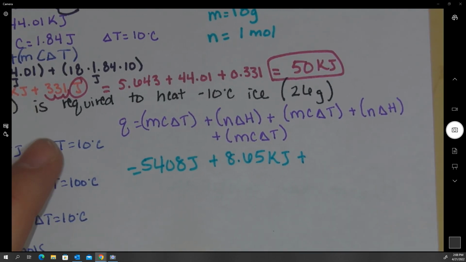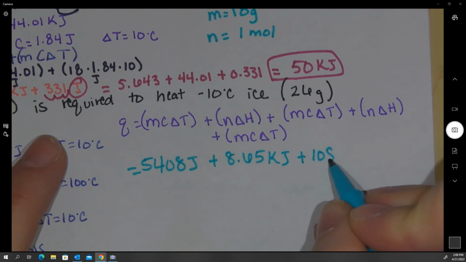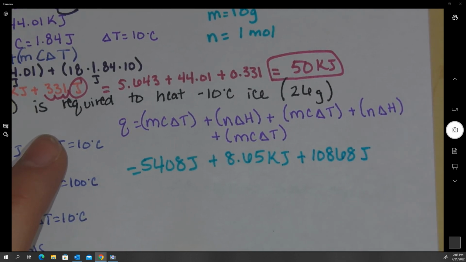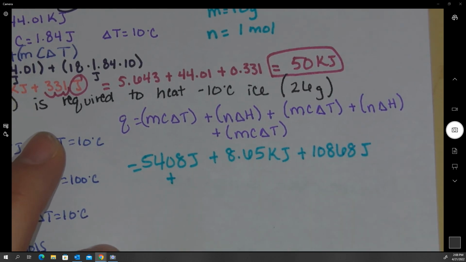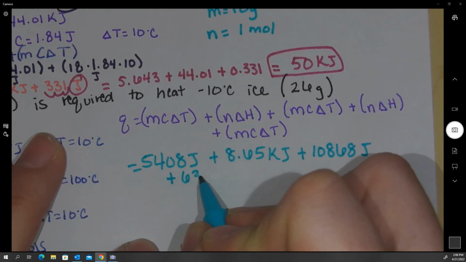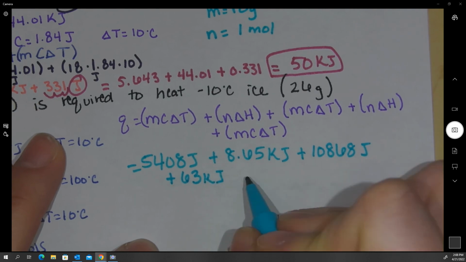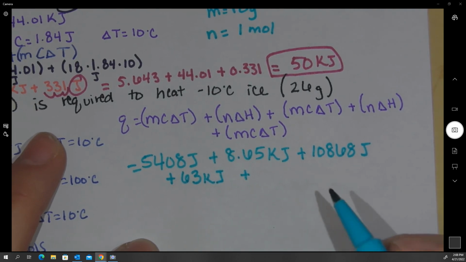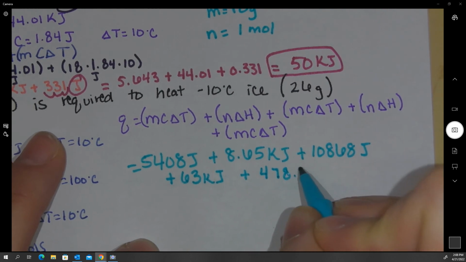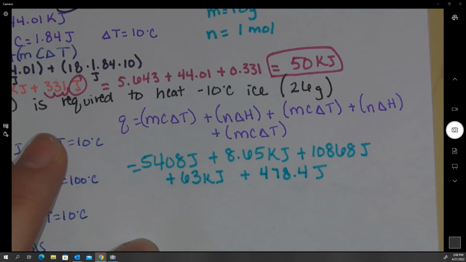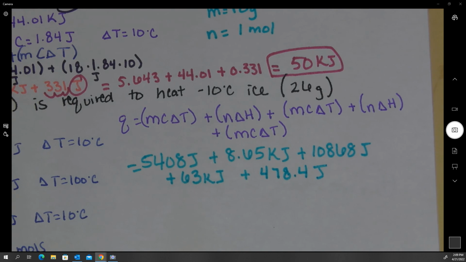The third one should have been 10868 joules. The fourth one should have been 63 kilojoules. And the fifth one should have been 478.4 joules. Are those the numbers we got, or around those numbers? Yeah, that was nice.